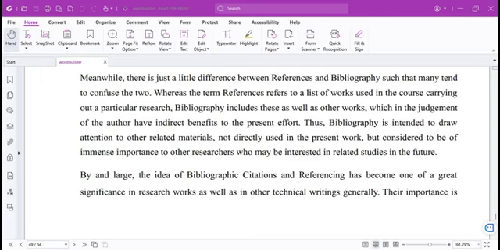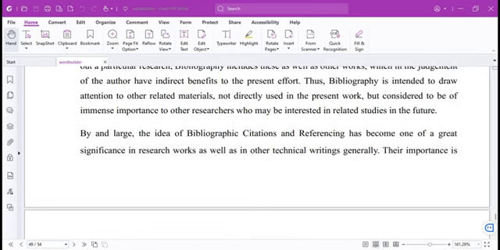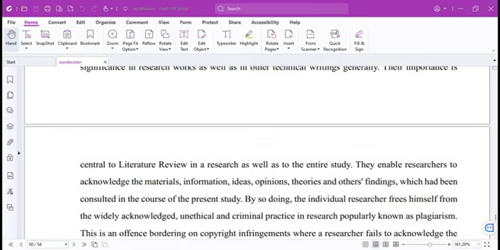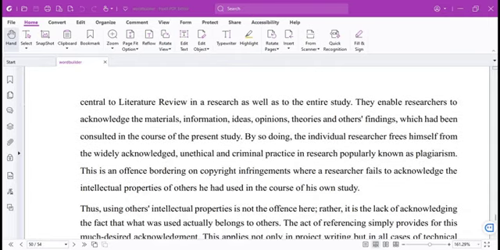By and large, the idea of bibliographic citations and referencing has become one of great significance in research, as well as in other technical writing generally. Their importance is central to the literature review in a research as well as to the entire study.